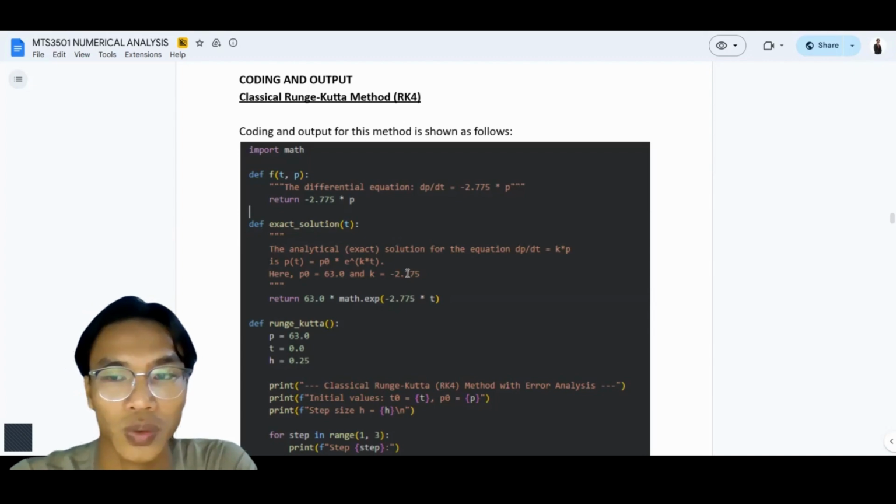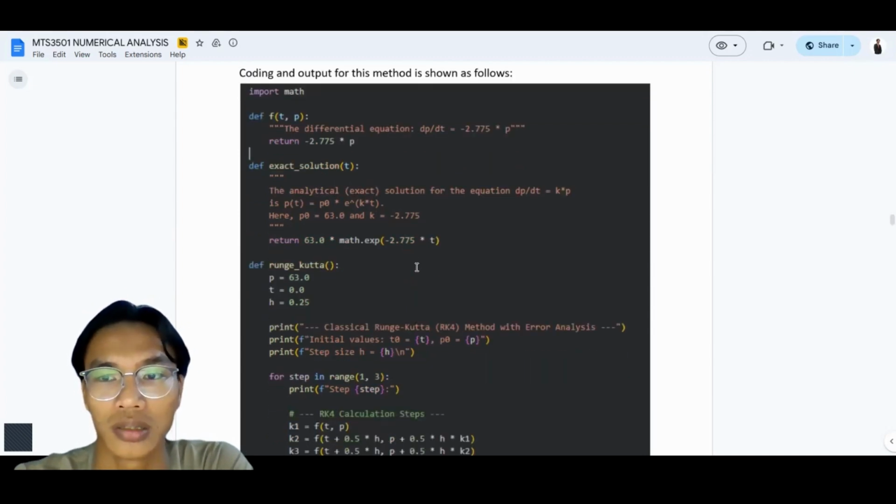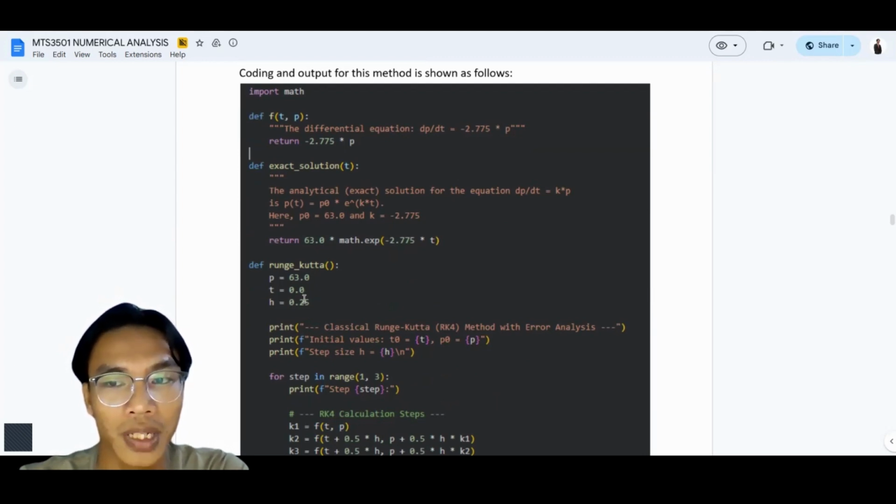Moving to the main Runge-Kutta function, we initialize our simulation parameters. We set P equals 63. This is our initial traffic count at the start of the observation. We start at time t equals 0. We set the sample interval h equals 0.25.